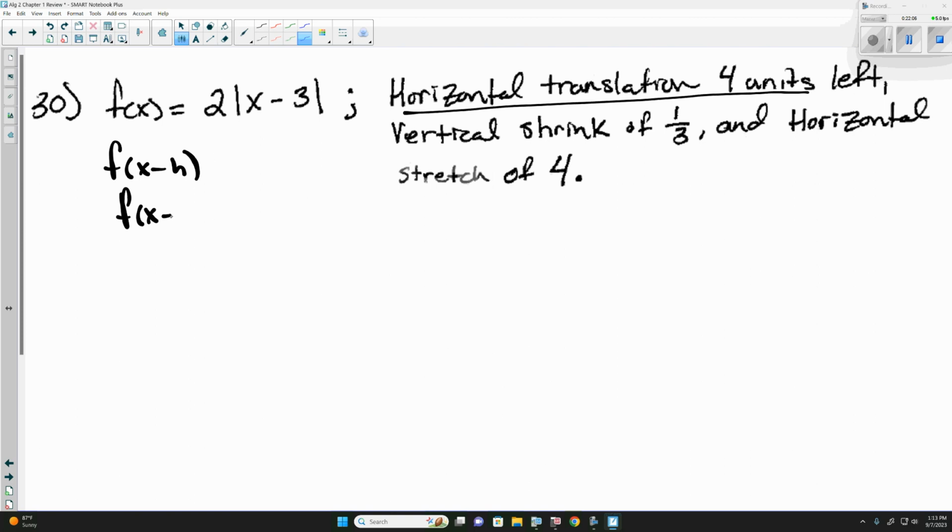And the value for h is 4, but it would be negative, negative, and negative make a plus. So we get x plus 4. Because again, inside the parentheses, it's the opposite of what we think. When we think left, we don't think of x plus 4, we think x minus 4.